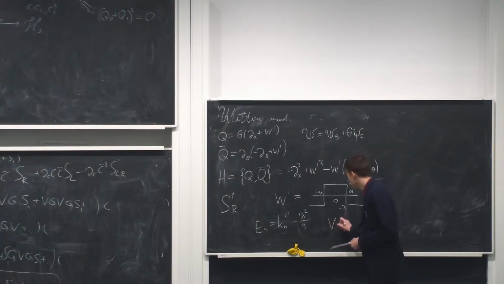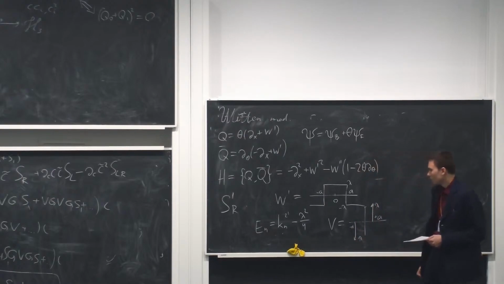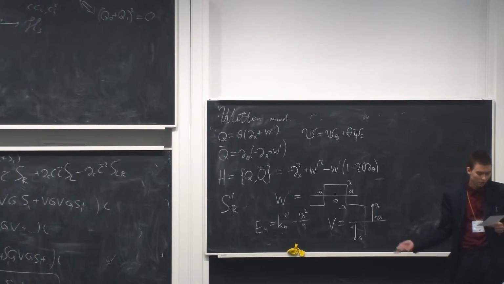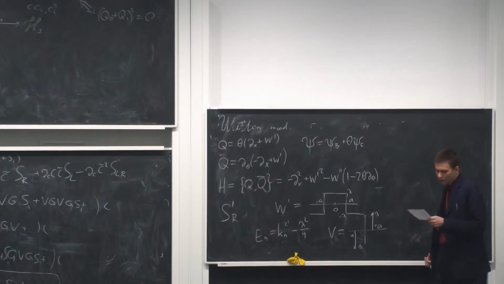Again, the remaining potential would be just plus delta function minus delta function at minus a and plus a, proportional to lambda. Now, this is very easy to work with. All the matrix elements can be computed very easily.